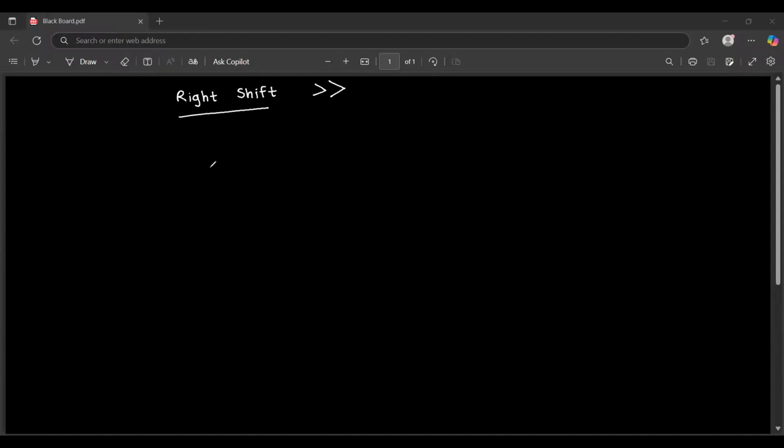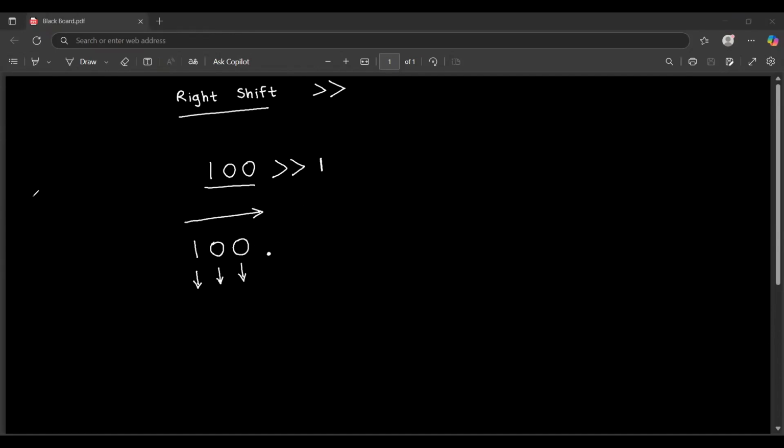Okay, let's say you have a number like 100, and they are saying shift it by 1 bit, 1 place. What this means is, since 100 can be given like this, it has a place value here, and here, and here. You're shifting the bits in this direction by 1 place.